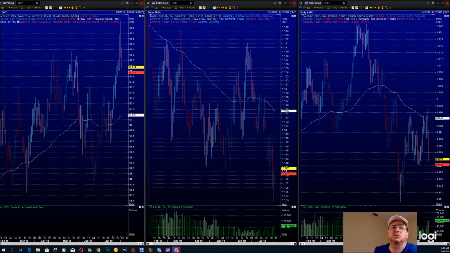While looking at the Swiss, the third chart is the Swiss, right? This Swiss chart, for some reason, is not exactly like the euro, but looking back at the first one, if the dollar index goes up, then the euro drops down.